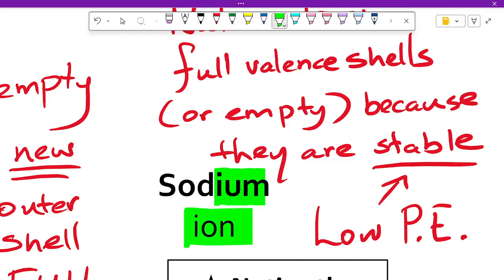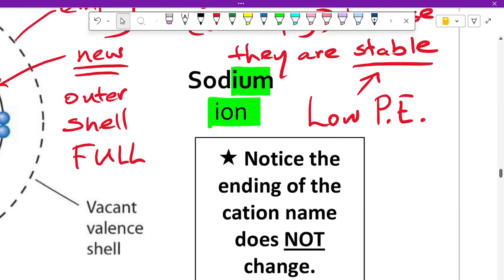Or did it just stay sodium? It just stays sodium. So if you have a compound, have you heard of sodium chloride? Is it sodide chloride? Has anyone heard sodide chloride? No. Okay. Metals do not change their names. Non-metals change their names to ide when they become ions, but metals just keep their regular name, okay?